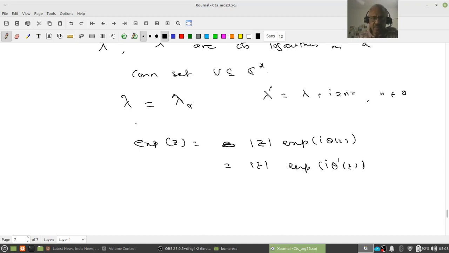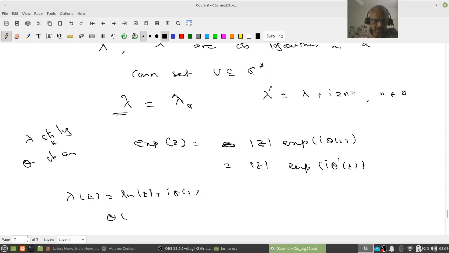Remember, whenever lambda is a continuous logarithm, it immediately gives me a continuous argument. How do I define it? Because lambda of z equals ln of mod z plus i theta of z. Therefore, theta of z is defined to be lambda of z minus ln of mod z, divided by i. And theta dash is also defined like that. Do you understand that?